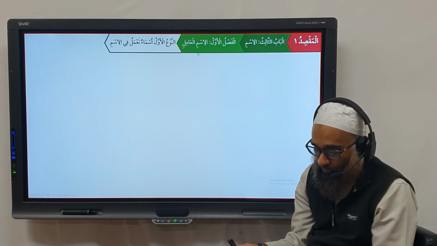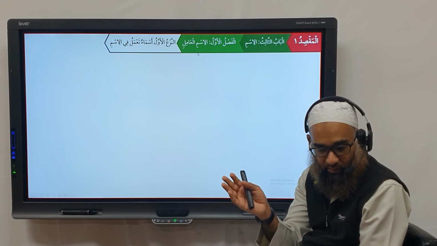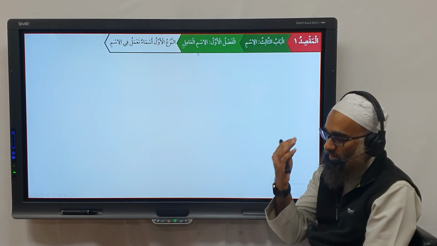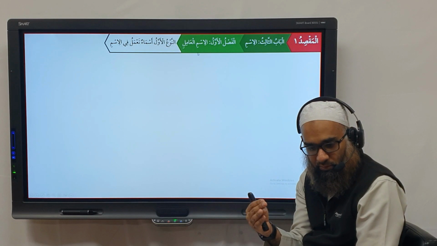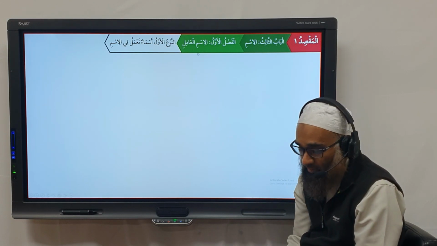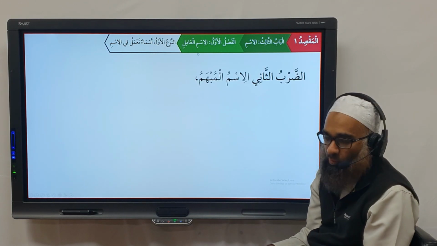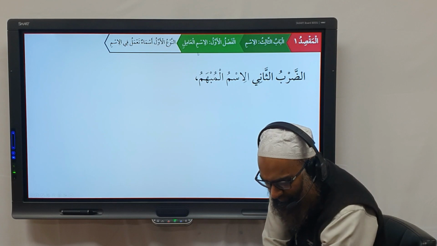So the first type of ism amil, which governs the nouns, are those that ta'malu amal al-fa'il and those that la ta'malu amal al-fa'il. Among the ones that la ta'malu amal al-fa'il, you have the mudaf and you have an ismul mubham. What's an ismul mubham?